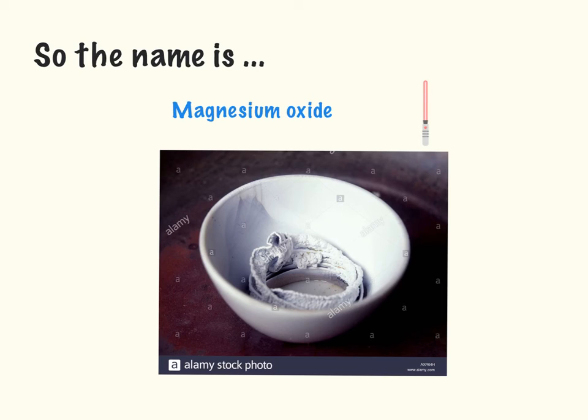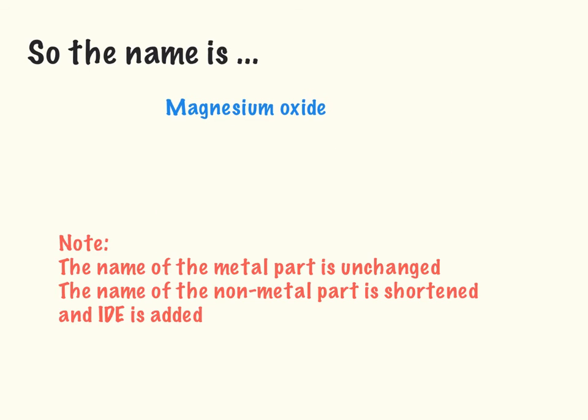So all these things go through and we form a nice little pattern. And by the way, this is our magnesium oxide. See how it's not shiny anymore? It looks more powdery. If we touch it, it breaks into a powder and it forms this lovely structure. So magnesium oxide is our name.